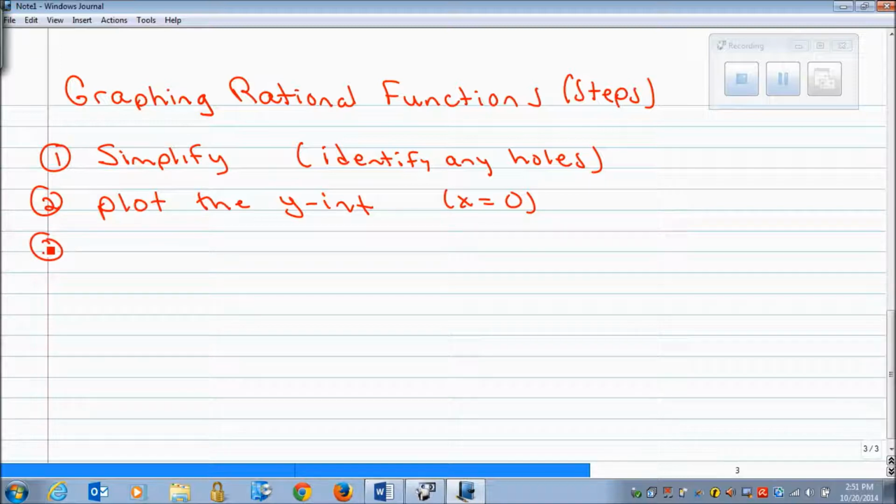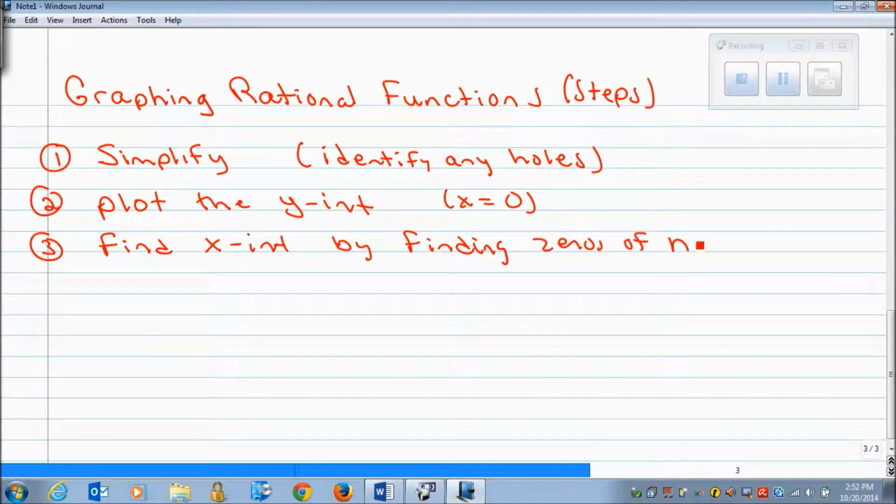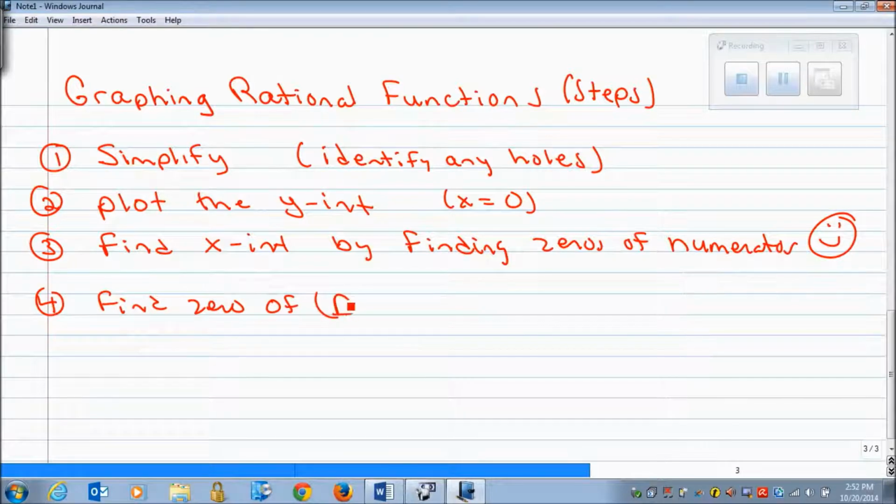The third step is we're going to find the x-intercepts by finding the zeros of the numerator. The fourth step is find the zeros of the denominator and sketch the vertical asymptotes.